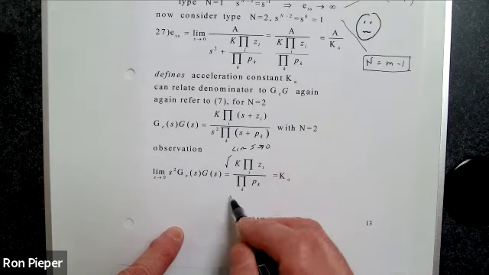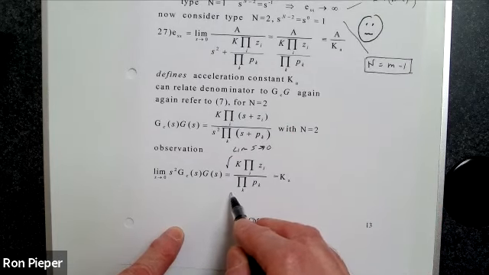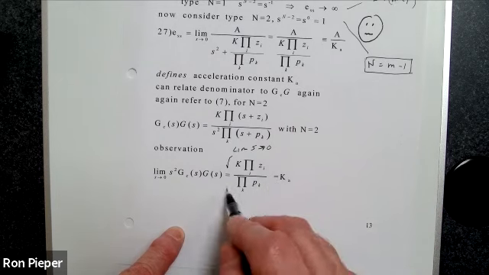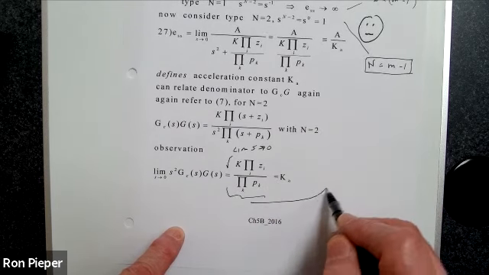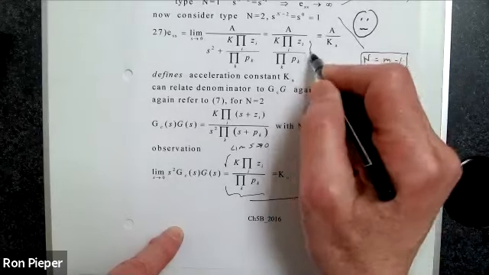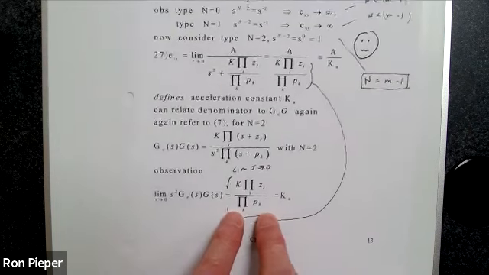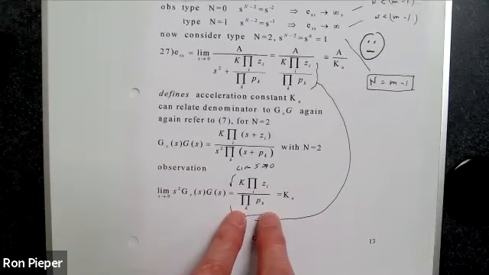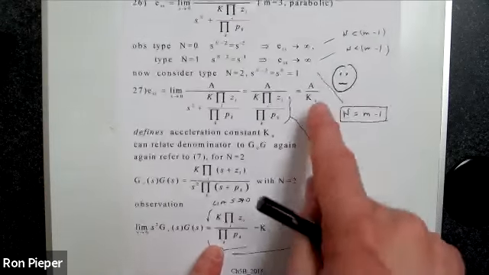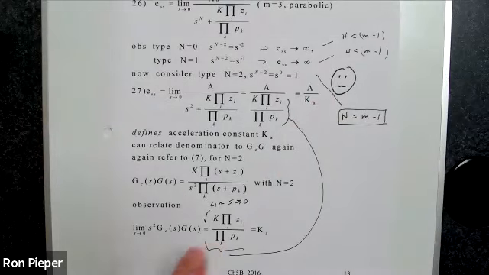If you go through those steps, what comes out ends up looking like this, which, surprise, surprise, is exactly in agreement with our presumed acceleration constant K sub A. So this becomes a recipe for predicting the K sub A needed for predicting the steady state error. That's with n equal to 2, for the parabola. So we got all 3 of them.